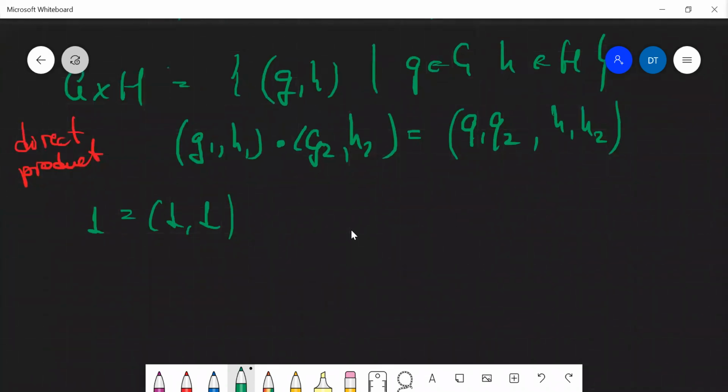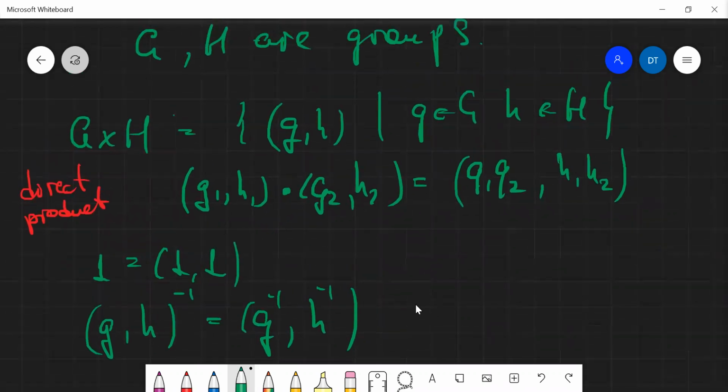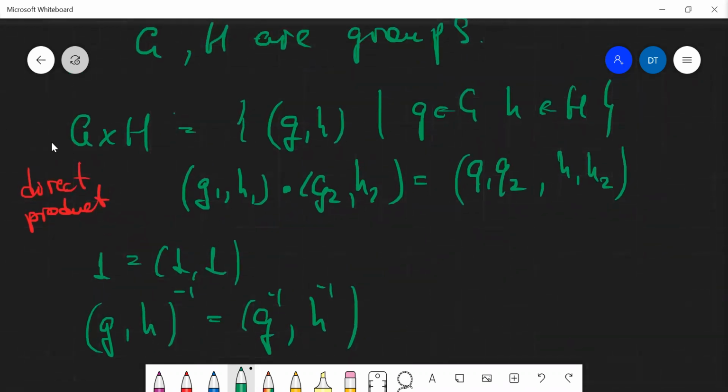And if you want to take an inverse element of the pair (g, h), this is exactly the same as taking the inverse in each coordinate. So this is, again, a straightforward computation. You just multiply this by the pair (g, h) using this rule, and you see that it satisfies the definition of the inverse element. So this is the way to produce a new group using some other groups.